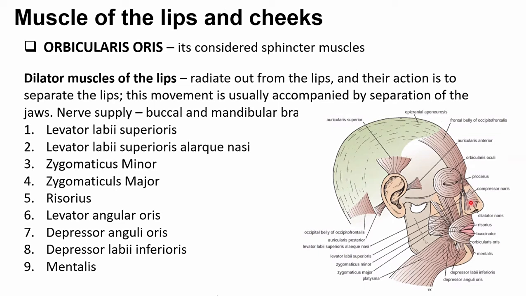More lateral part is the levator labii superioris, and lateral to the levator labii superioris is your zygomaticus minor, and more lateral, from the angle of the mouth, is the zygomaticus major, and goes up.